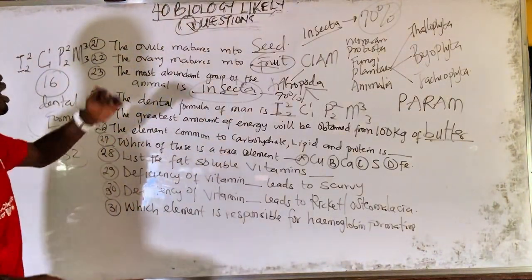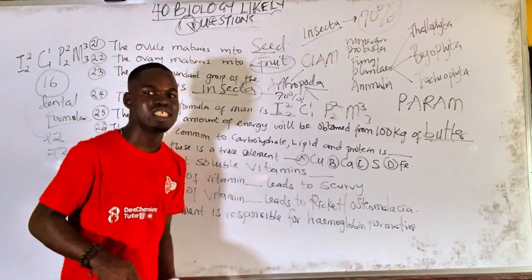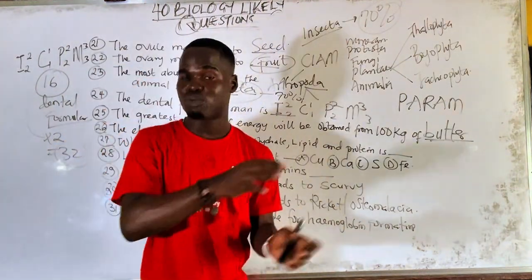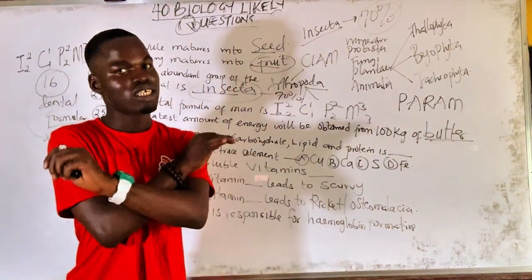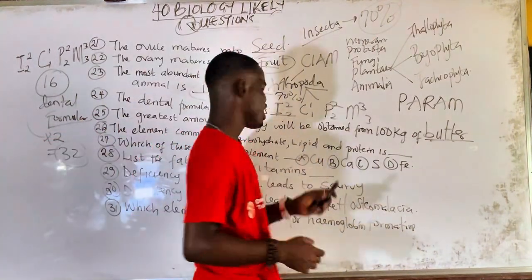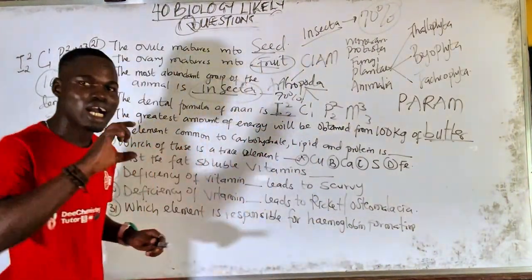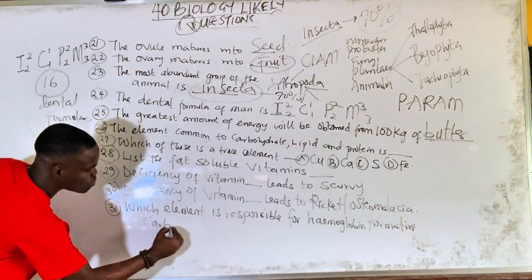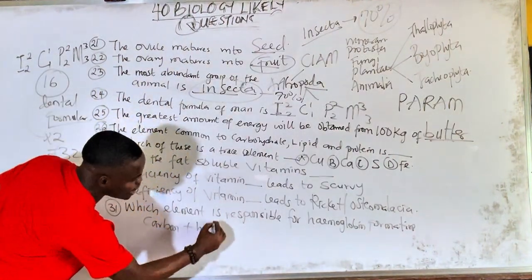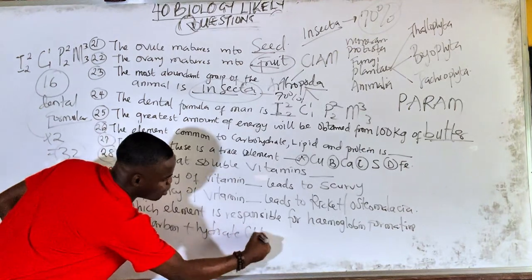The element common to carbohydrates, lipids, and protein is, of course, as regards this past question, hydrogen. Of course, you should know that carbohydrates, just like the name, means it contains carbon and hydrates. And when I mean hydrates, we are talking about water.